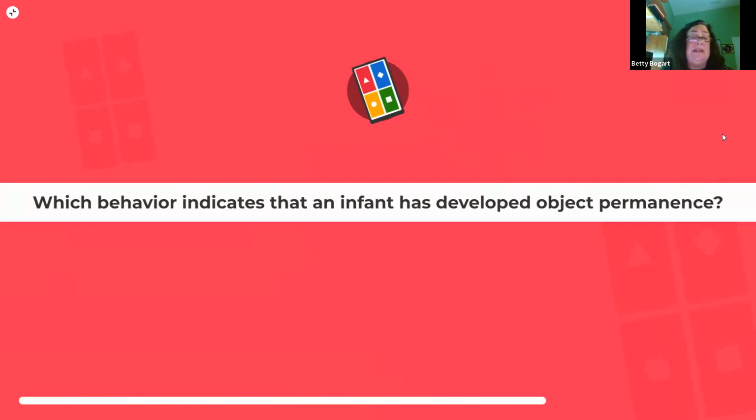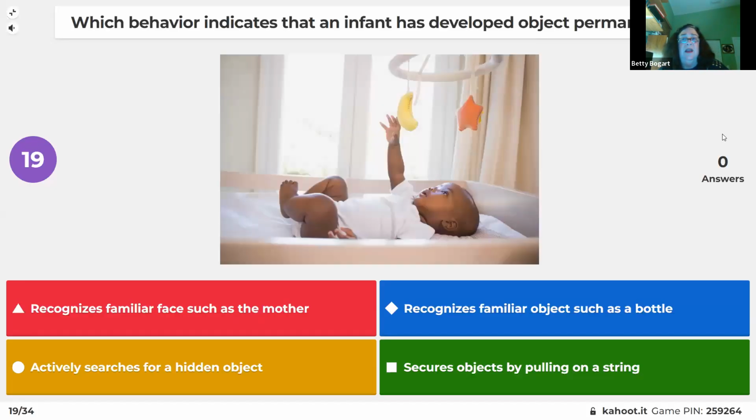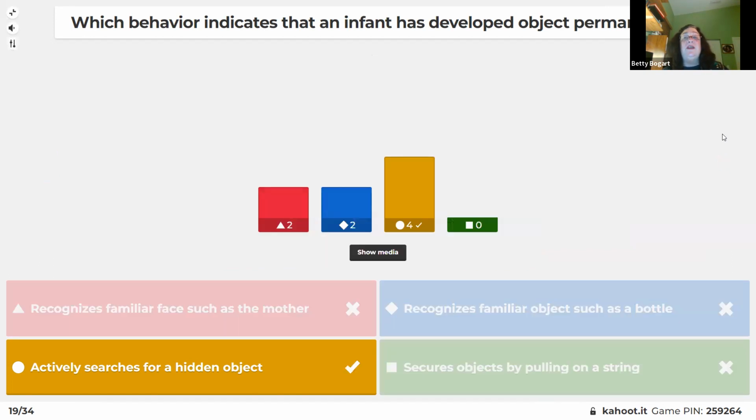Which behavior indicates that an infant has developed object permanence? What did I say that was? So this is when you take an object away and it's somewhere they can't see it and they still look for it.